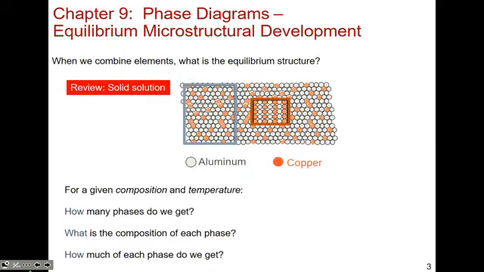Okay, so composition, temperature, equilibrium, structure, right? The questions all lead to this, which is if I have some component A and I have some component B, we talked about solid solutions, we talked about Hume-Rothery rules, right? If they can make a solid solution, what phase should I get? How are these atoms going to pack? So if you add aluminum and copper, okay, great.